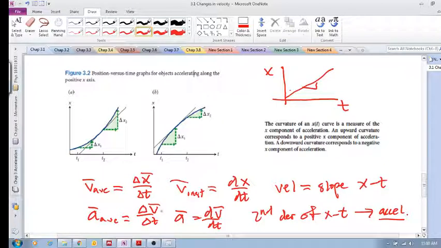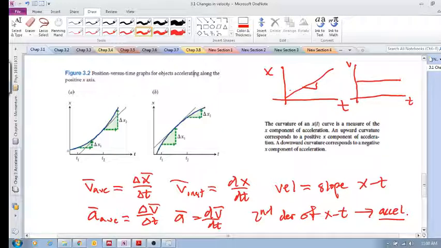We take the derivative of velocity with respect to time, we get acceleration. Okay, so if you have a straight line with a constant slope, a constant gradient, and that's a positive slope, then you're going to have a positive constant velocity.